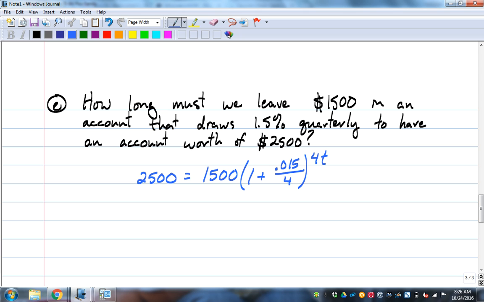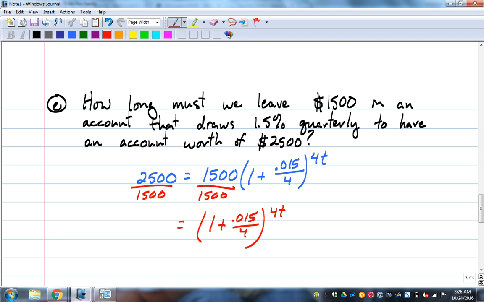So work your way through that and get the variable by itself. You want to get rid of the 1,500, so divide by it. 1 plus 0.015 over 4, to the 4t. That's just a number. I'm not getting the decimal for that right now, because I don't want to round it at any point.